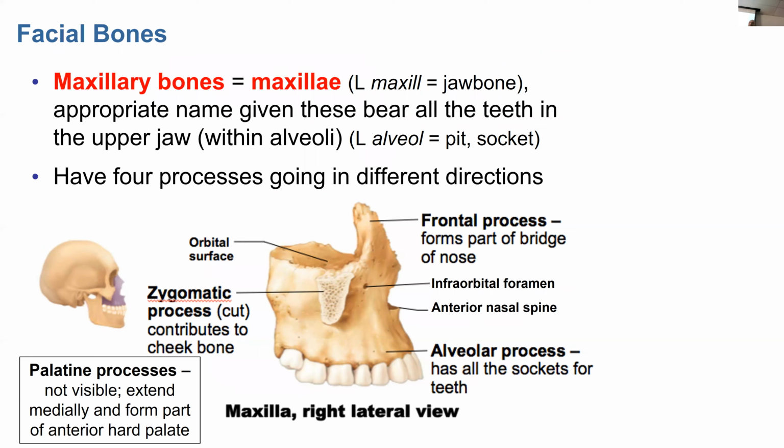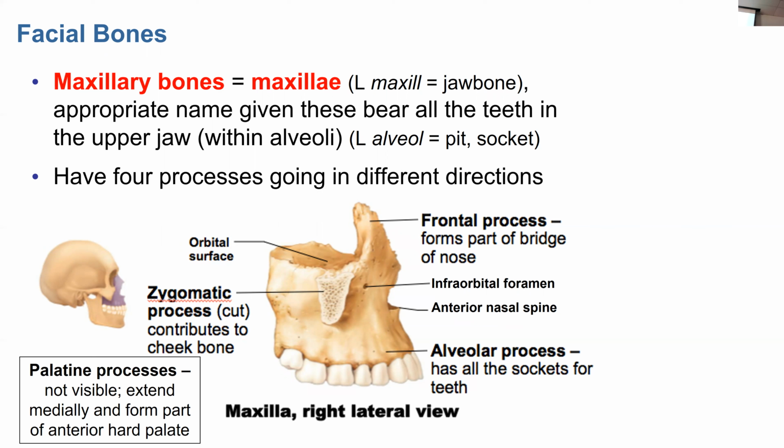Specifically, there's 4 processes. We have the frontal process, which kind of comes up and forms part of the bridge of your nose. You can see where it looks right here. It forms this kind of posterior part of your nose right there. We have the alveolar process, which contains the sockets for the teeth.